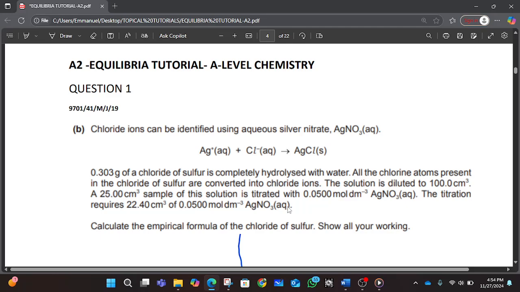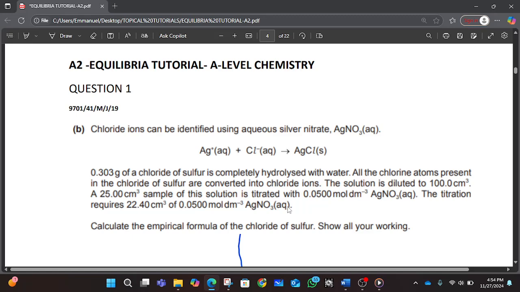0.303 grams of a chloride of sulfur is completely hydrolyzed with water. All the chlorine atoms present in the chloride of sulfur are converted into chloride ions. The solution is diluted to 100.0 centimeter cube.